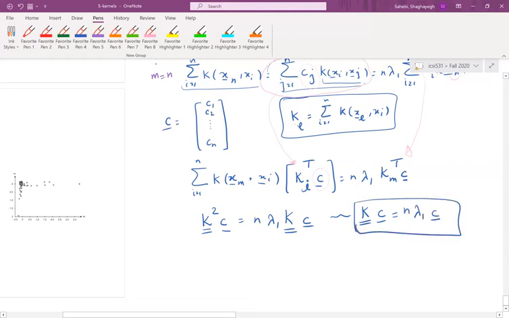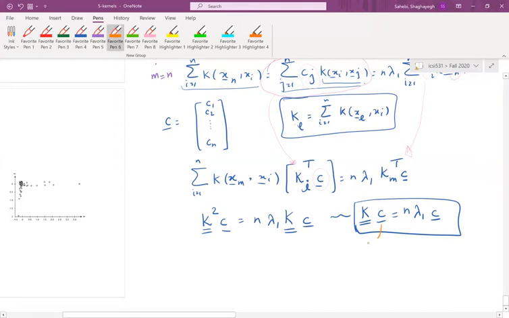Now we get to an actual eigenvalue eigenvector decomposition. So given K and n, we can easily find c and lambda 1, right? Because this is an eigenvalue eigenvector decomposition.